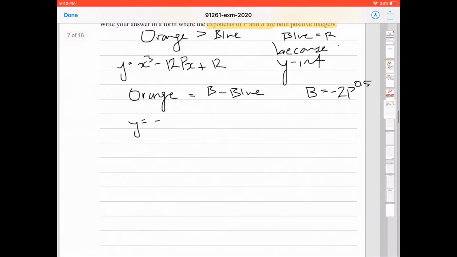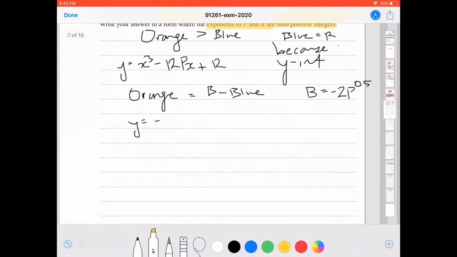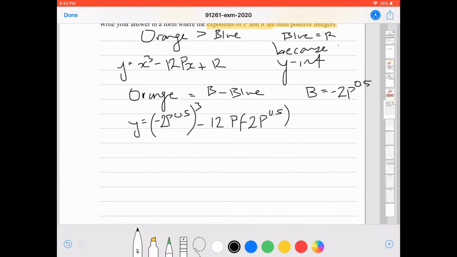Okay, so let's say y equals minus 2p to the power of 0.5, cubed, minus 12p times minus 2p to the power of 0.5, and plus r.